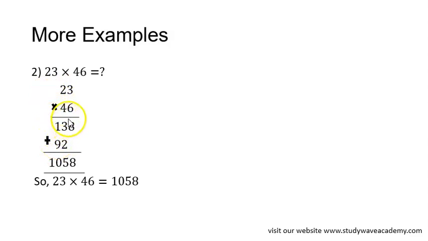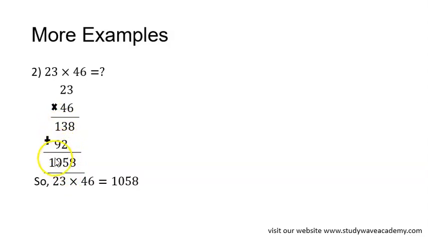Then when we get our answer from multiplying, we have used our 2 numbers to multiply. When we get our answer, then we add it together. We add 138 plus 92. We write down 8 because there's nothing under 8, so 8 plus 0 is 8. Then 3 plus 2 is 5, so we write it out. There's no remainder.